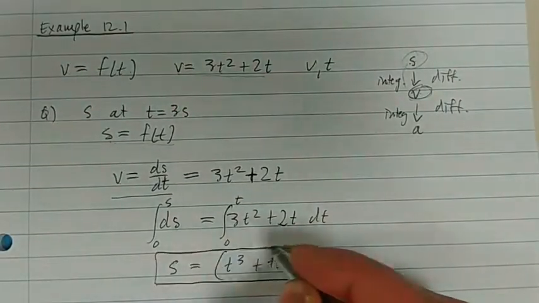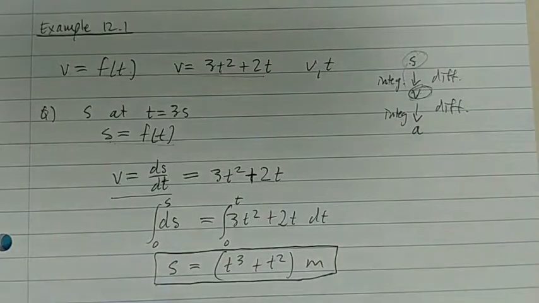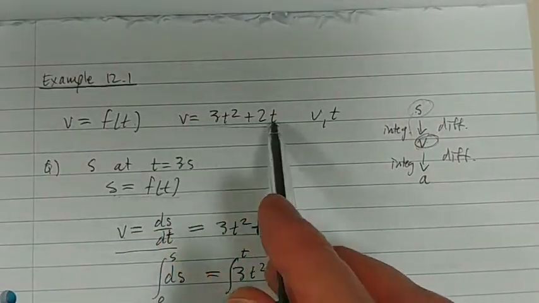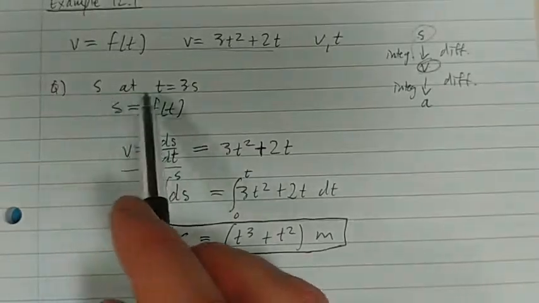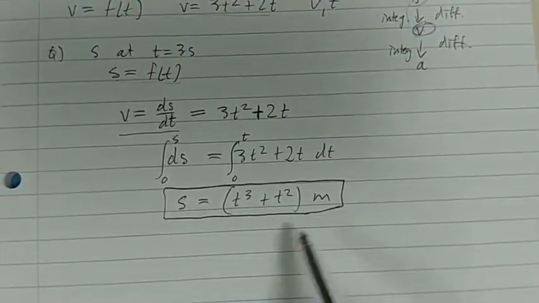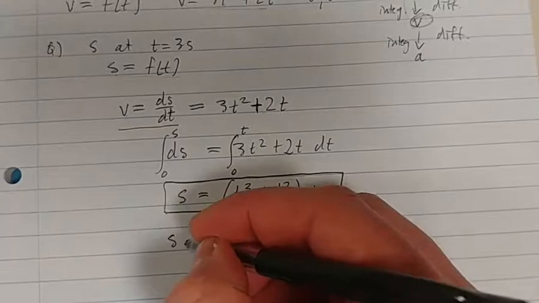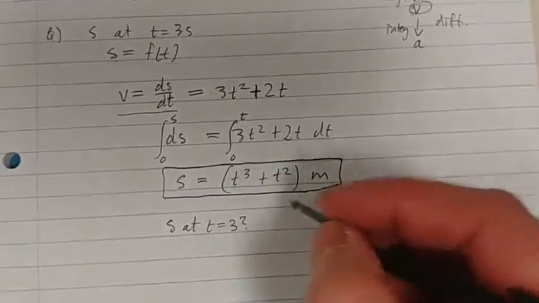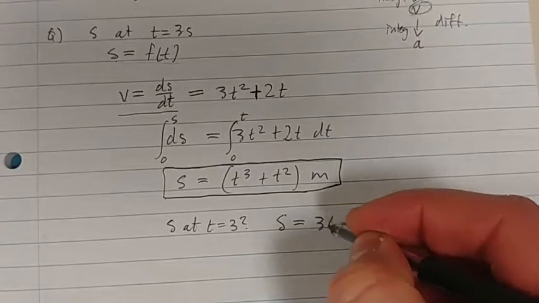You should always try to get this in function form. We had v as a function of time, and now we want position as a function of time. Now what is s at t equals 3? We just plug that in and we find s is equal to 36 meters.